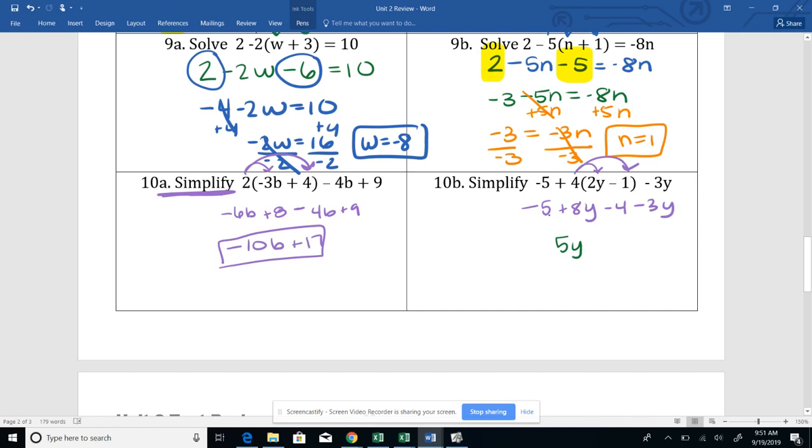And negative 5 minus 4 is the same thing as negative 5 plus negative 4. So that is negative 9.